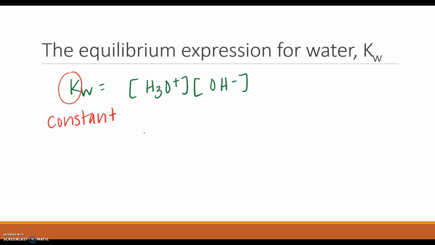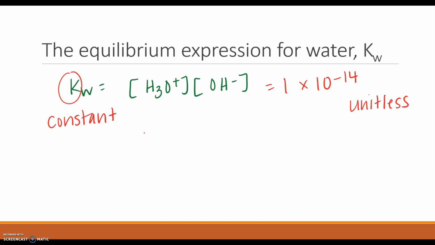In any case, a constant is a number that never changes. So for us, Kw is a value that never changes, and it's 1 times 10 to the minus 14. It is a unitless constant. So anytime you have a Kw, it's going to be 1.0 times 10 to the minus 14.